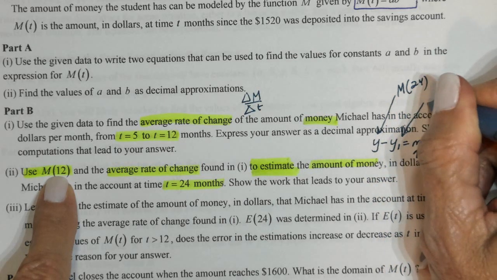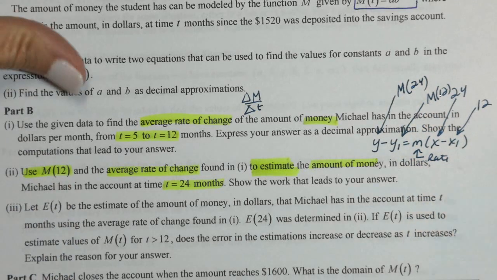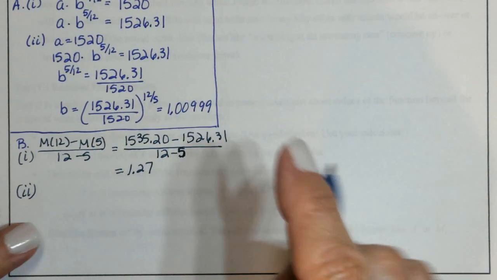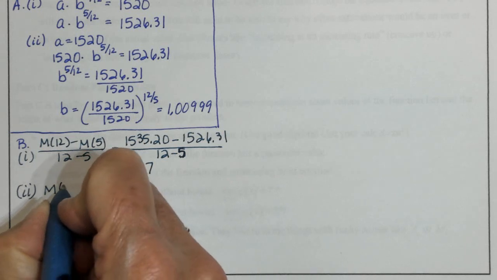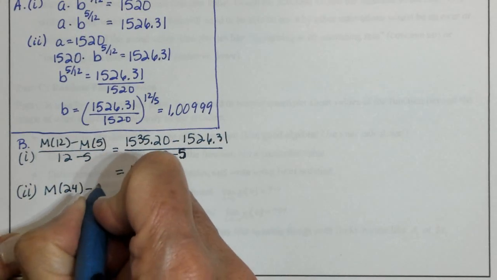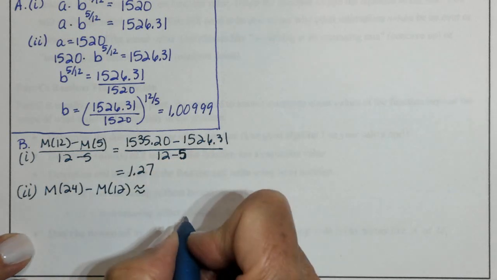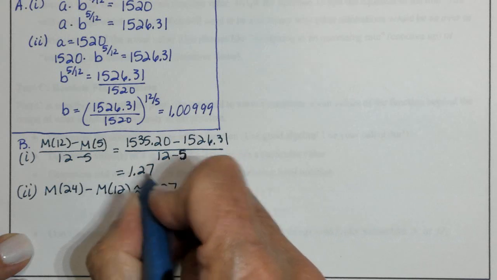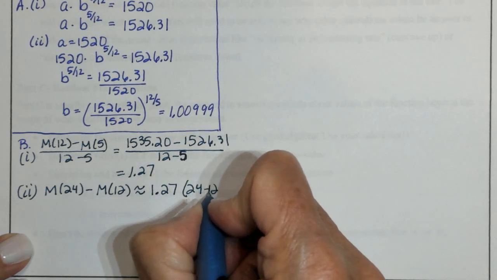This needs to be the amount at time 12. And this is just an approximation, so I'm not going to use equal signs. I'm going to use approximately equal signs. So M at 24 minus M at 12 is approximately equal to that average rate of change times 24 minus 12.